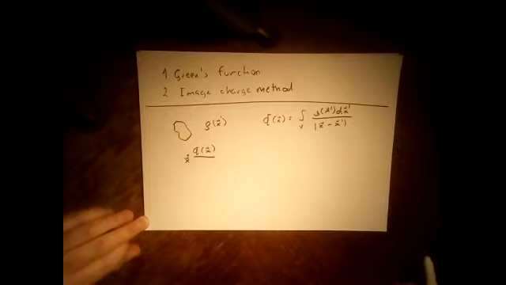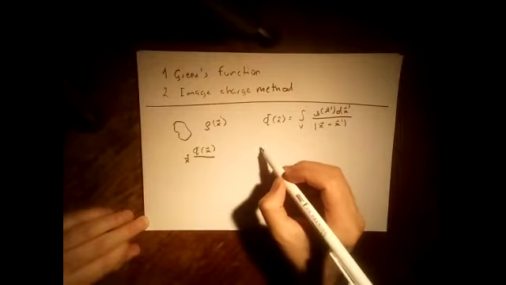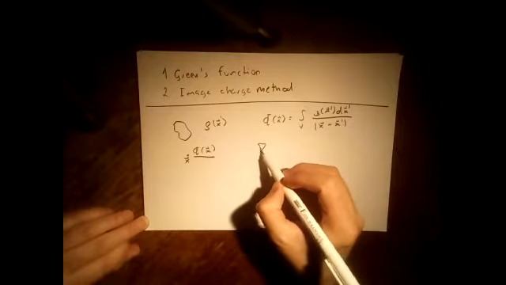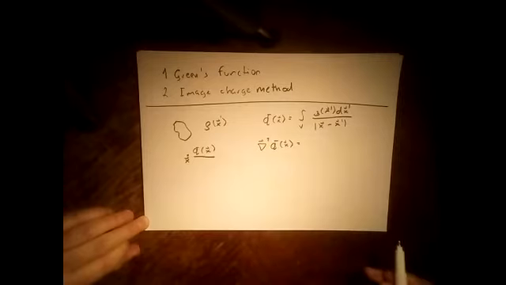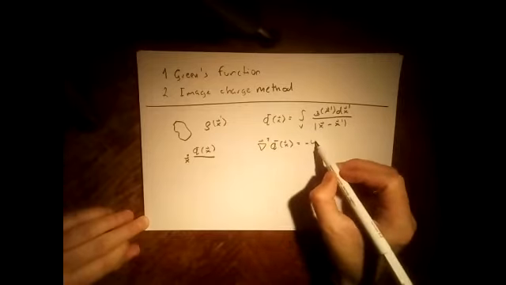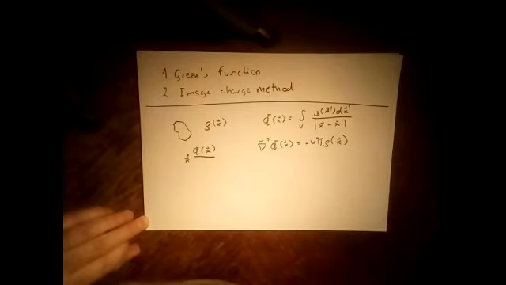Now, one thing that we know is that the Laplacian of phi of x is equal to minus 4 pi rho of x. That's the Poisson equation.